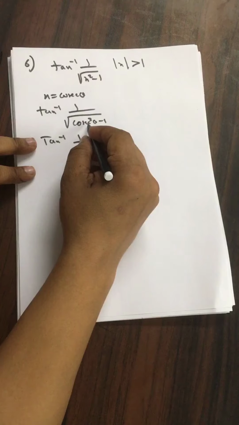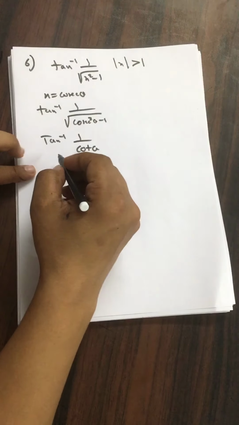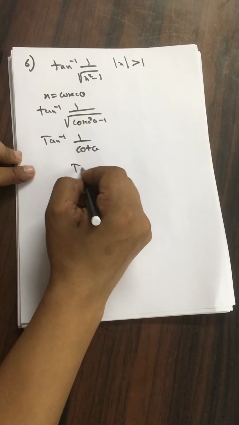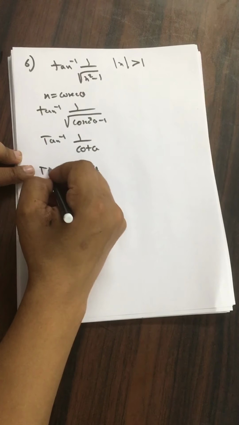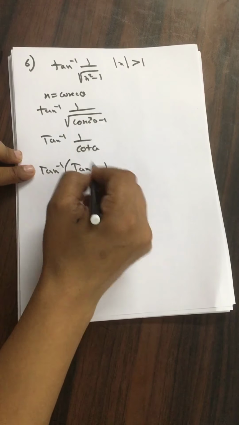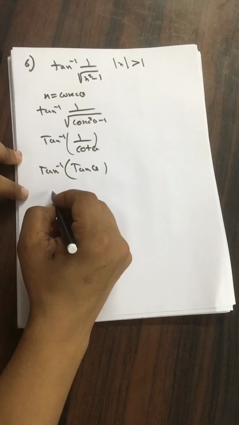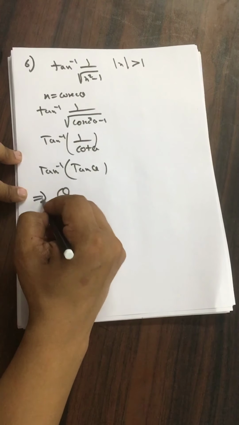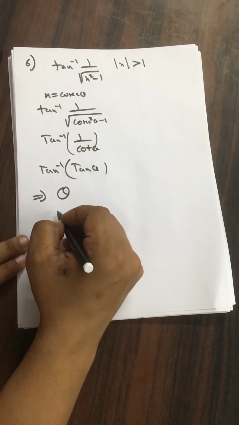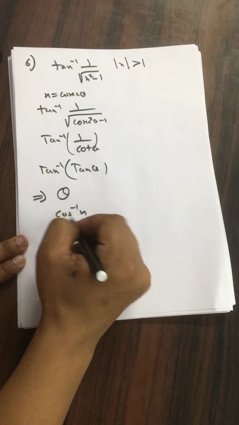So, tan inverse 1 upon under root cot square theta, and then ultimately this will move out of the root. 1 upon cot is what? Tan theta. Tan inverse tan theta. So, only theta is left. And theta was what? Cosec inverse x. That's it.